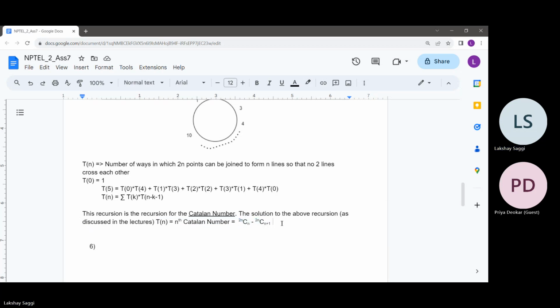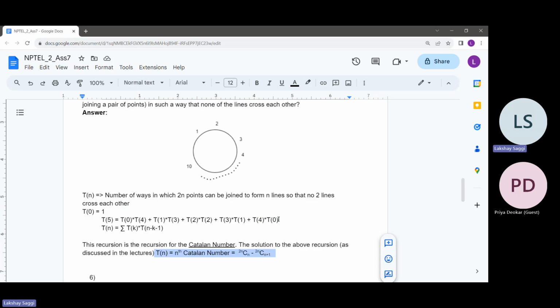So the answer here is nothing but the nth Catalan number for us. The answer is basically t of n equals 2n choose n minus 2n choose n plus 1.